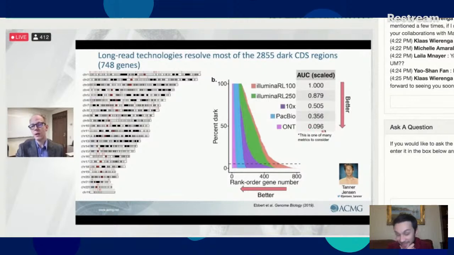And Oxford Nanopore Technologies resolved about 91% of all of the dark regions. And this is a plot of the rank order in percent darkness that we showed for each technology. So again, showing Oxford Nanopore Technologies resolves most of them, leaving very few regions unresolved.